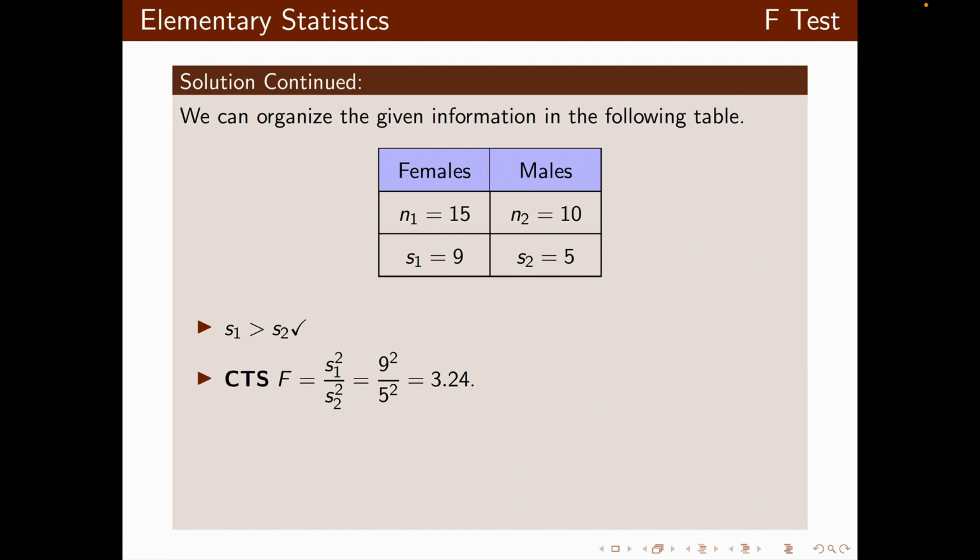We find the computed test statistic using the formula S1 squared divided by S2 squared, and we get 3.24. The numerator degrees of freedom will be 14. The denominator degrees of freedom will be 9.